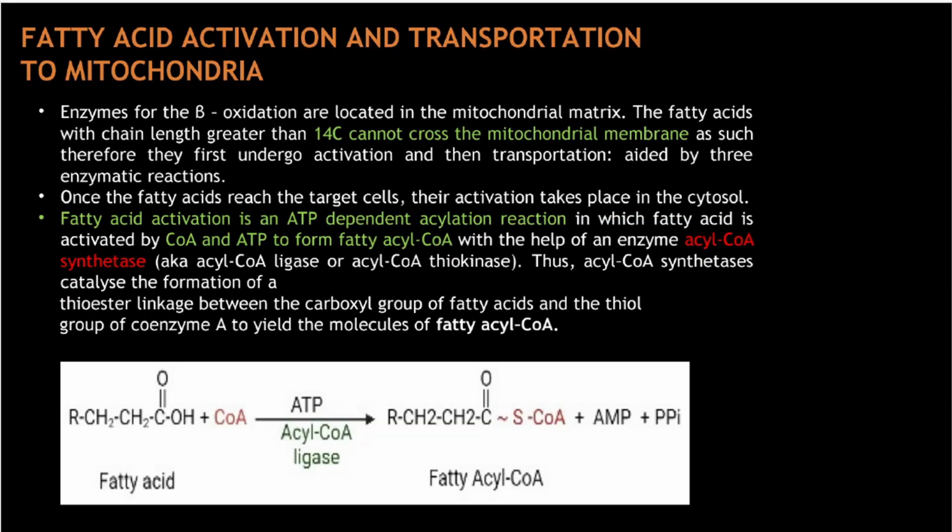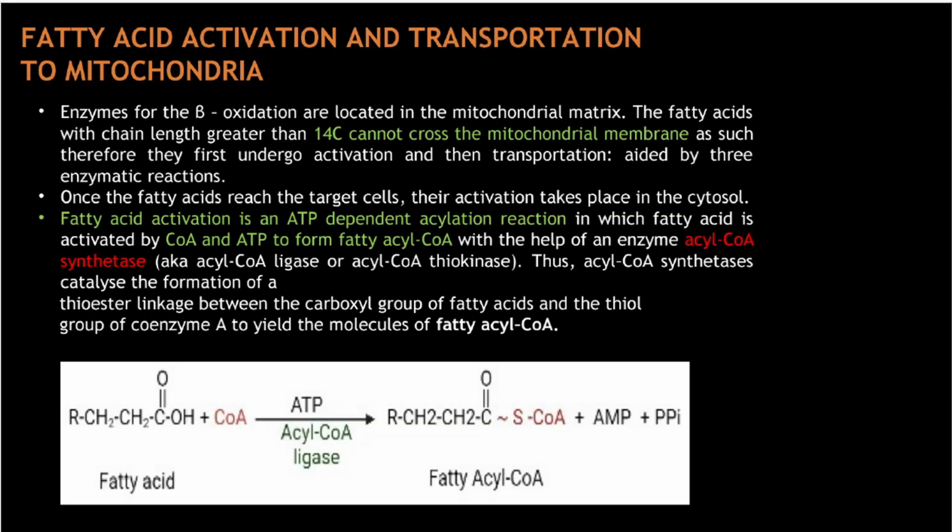Why thiokinase? Because the bond through which this fatty acid is attached to the coenzyme A is formed through a sulfur, and the term thio is used to indicate sulfur.